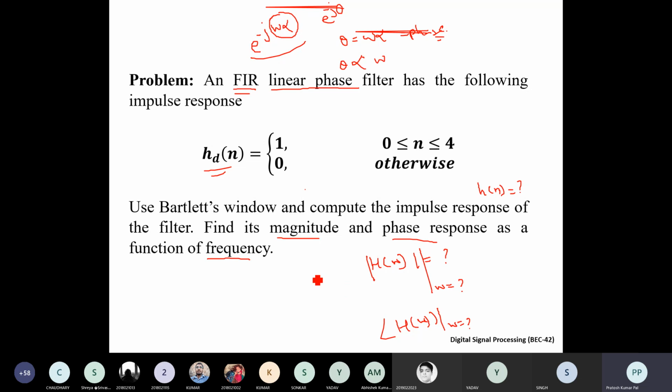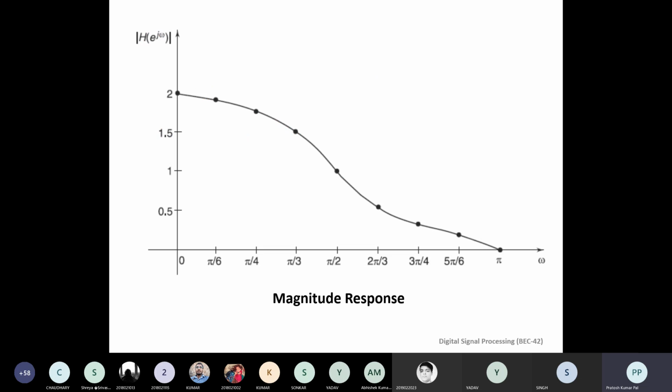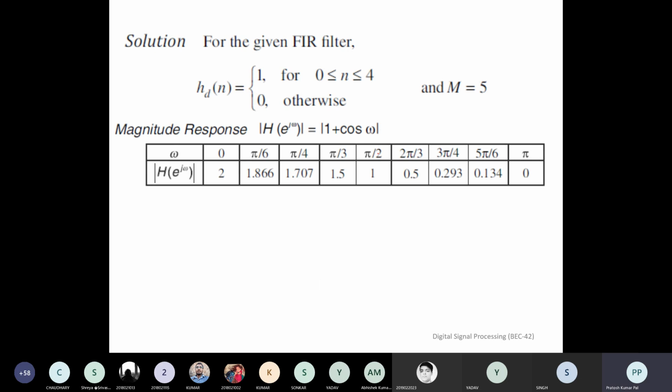So we will proceed. hd of n is already given. Here the magnitude response we are going to find is in terms of 1 plus cos omega.